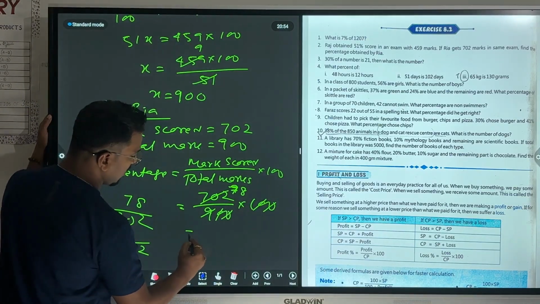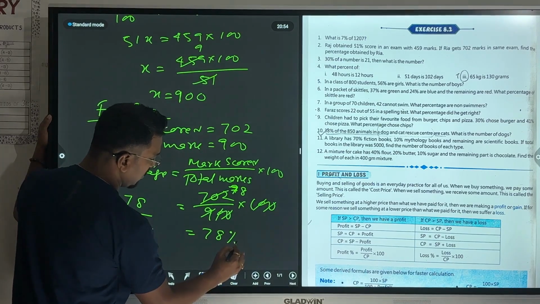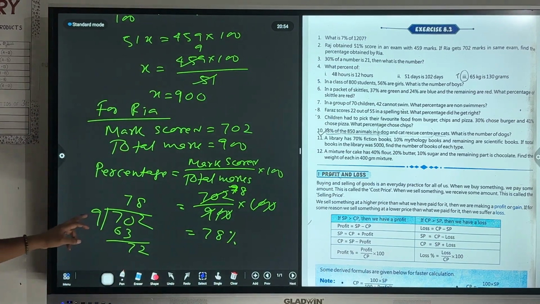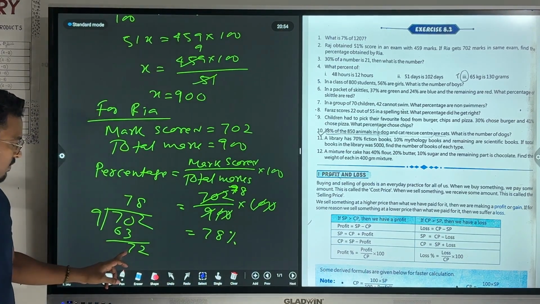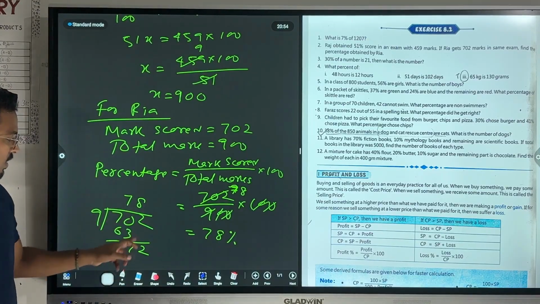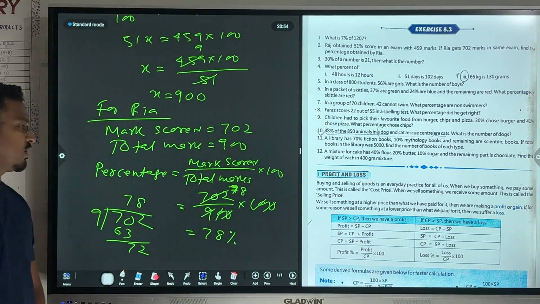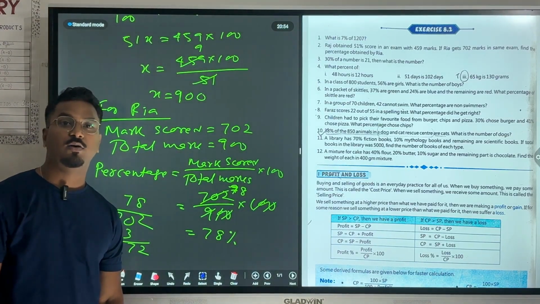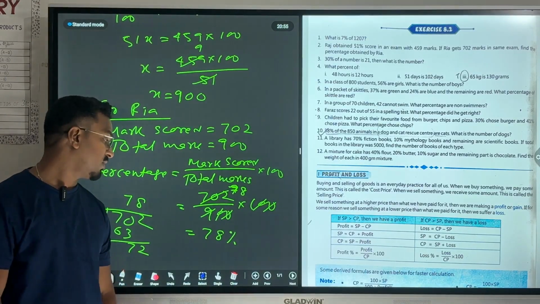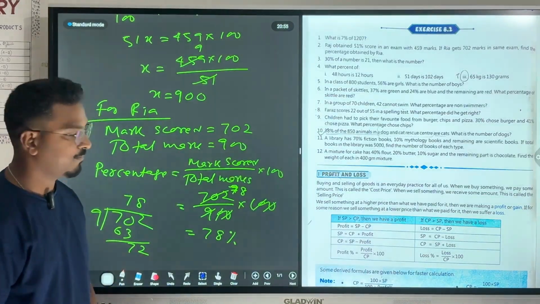So 78%. How much percent? 78%. Is it correct? 9 7s are 63, 7 will come, and here 2, 9 8s are 72. So Ria secured how much percent? Ria secured 78%. Okay.